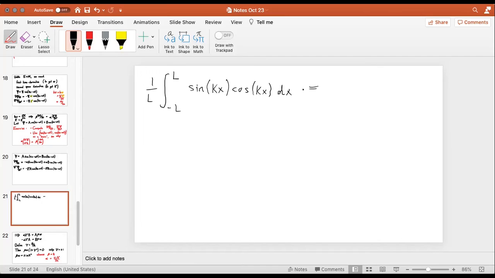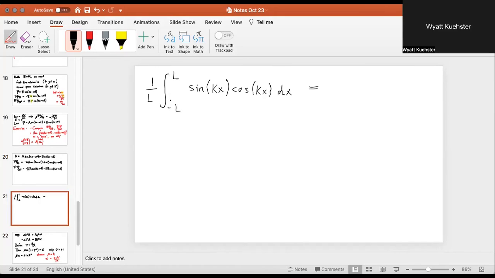If I integrate over an interval that's symmetric about x equals 0, then the odd parts cancel out. However much is below and above the x-axis on one side is exactly opposite of the other side, because it's an odd function integrated over a symmetric interval. So this integral is automatically 0.